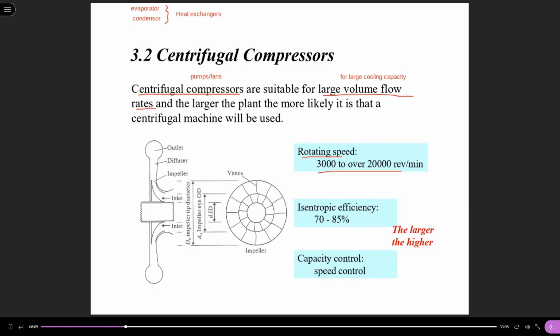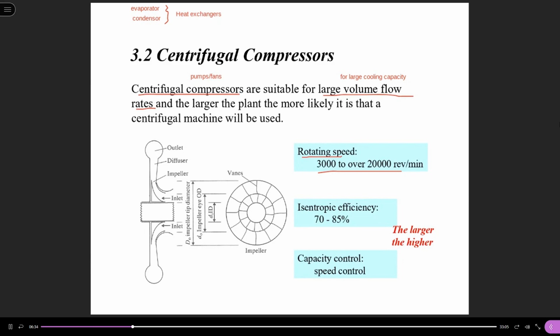We remember that for reciprocating compressors it's only several hundred cycles per minute, so our compressors can complete hundreds of cycles. But the rotating speed of the centrifugal compressor is much larger. Therefore, it's suitable for large volume flow rates.